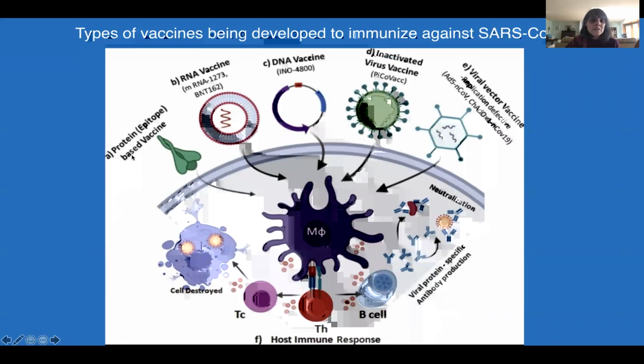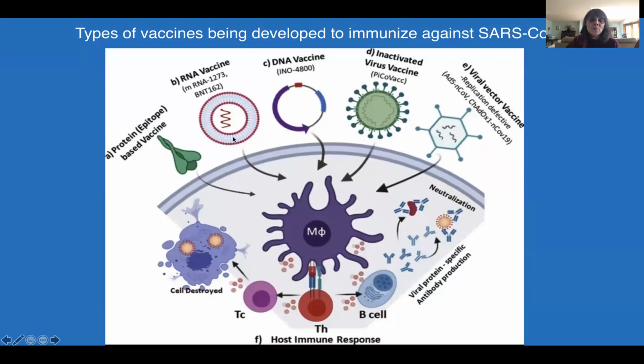So this slide shows the types of vaccines that are being developed, and I'm not going to have time to talk about the different types. The more traditional methods that have been used for decades are inactivated virus vaccines and also protein epitope-based vaccines. These have been around for about, I want to say, 30 years.